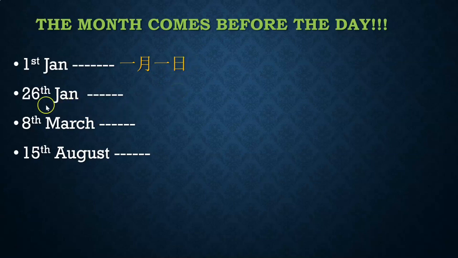So therefore, when you're writing the 26th of January, you need to be writing January first and then the 26th day. Same as here, 8th of March, you need to be writing March first and then the 8th day. And then same here with the 15th of August, you need to be writing August first and then the 15th day. Okay? You can pause the video here, work out your answer, and then again you can resume the video and then check your answer.